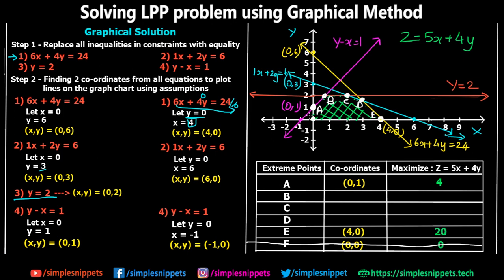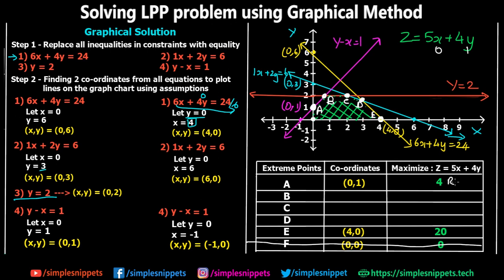For A, that is this coordinate, we know the value is 0, 1. 0 is the x value because it is on the y axis, and just 1 point above, the y value is 1. So the coordinate of A is 0, 1. Now if we substitute 0 over here and 1 over here in the maximization equation, the value of z will be 4. So this 4 is actually the profit value.